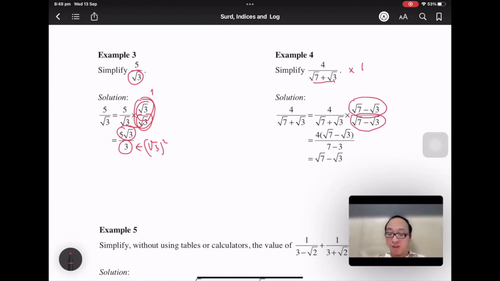So the bottom one will become root 7 squared minus root 3 squared, which equals 4. And on the numerator, we multiply 4 to the surds, so 4 root 7 minus 4 root 3. We can factorize the 4 and then cancel the 4 with the 4 in the denominator. So we will have only root 7 minus root 3.